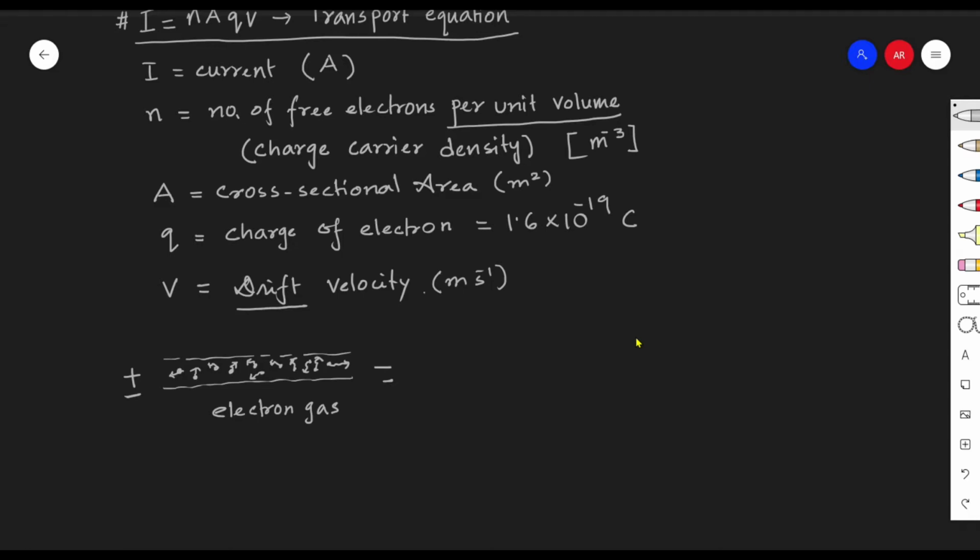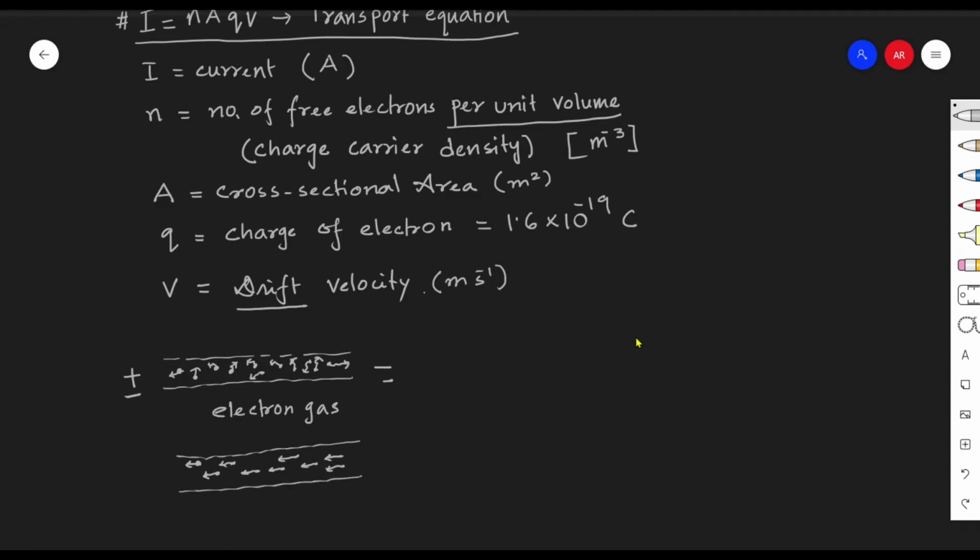The electrons will be drifted. Not all of the electrons, but the majority of the electrons are moving in a particular direction, from the negative terminal to the positive terminal. They are now drifted, compelled to move along a particular direction.